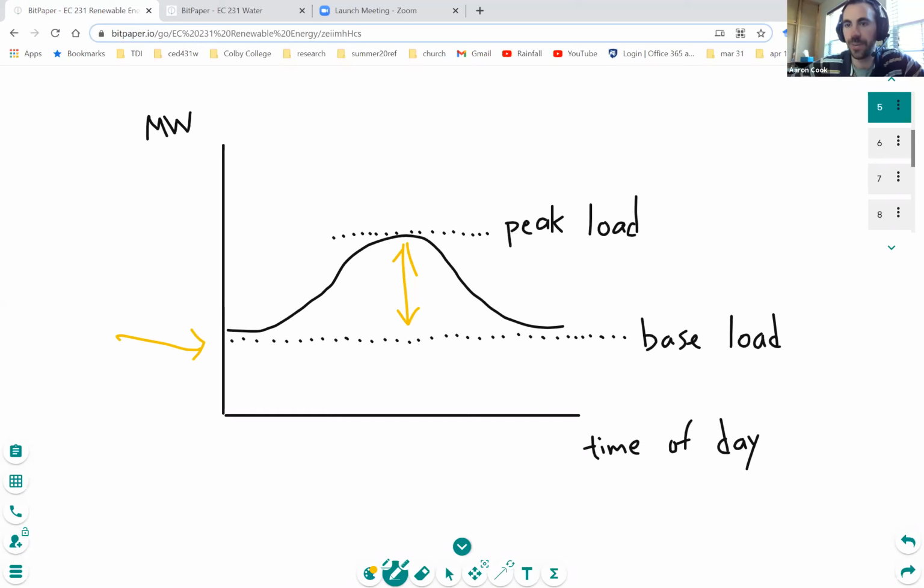In the summertime, you can think of this as the hottest part of the day, when everybody's air conditioners are turned up on full blast to keep the temperature regulated inside. So again, grid managers are trying to manage this tricky system.